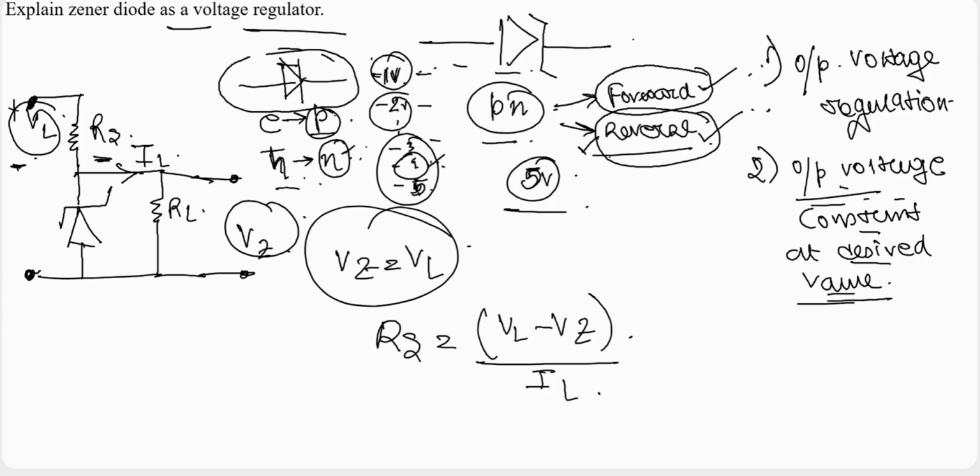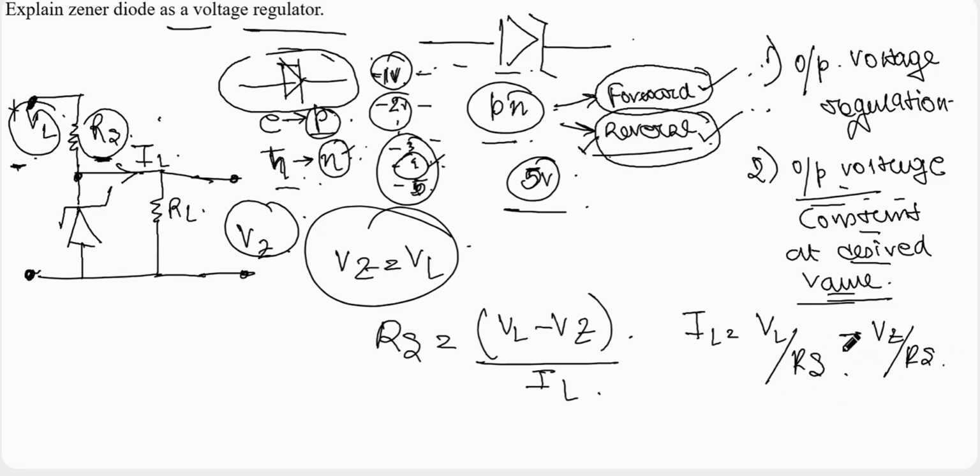Because if we look at this node and apply KCL, the current flowing is VL by Rs minus Vz by Rs, where Rs is the source resistance. So Rs will be equal to (VL minus Vz) divided by IL.